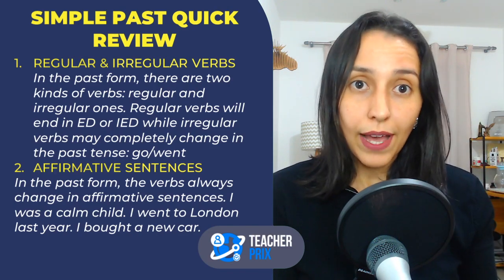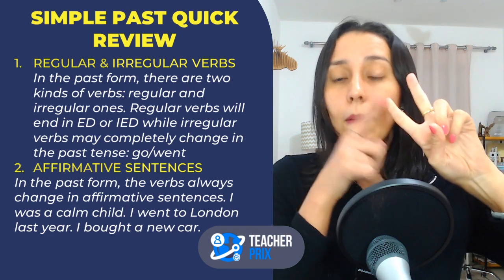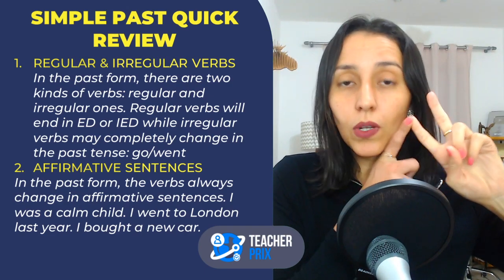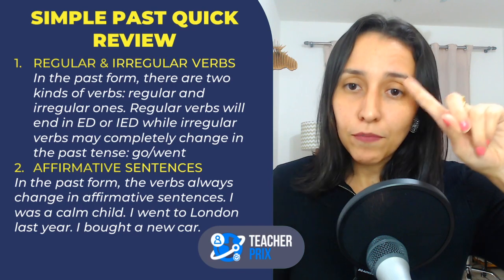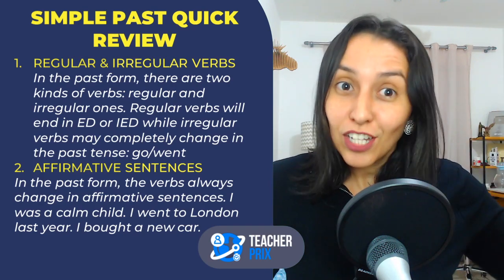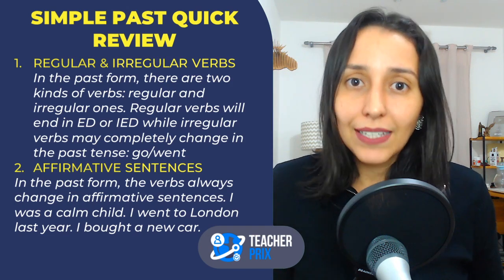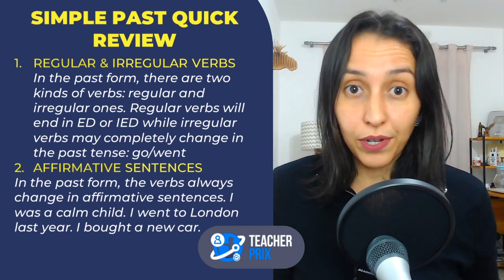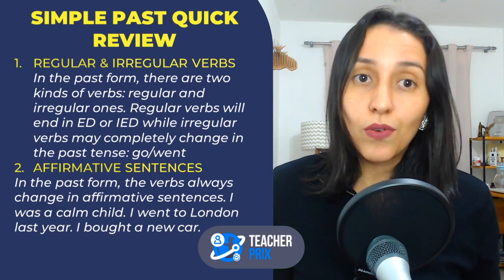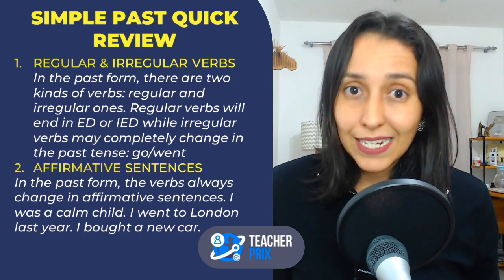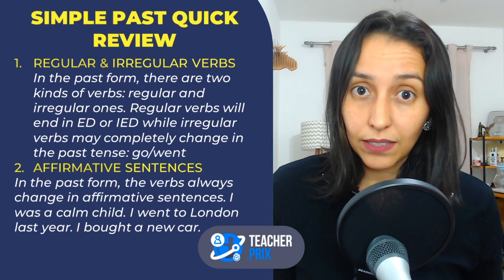Now, when we do that, we have two possibilities. Either my verb will be regular or irregular. If my verb is regular, that's a good thing because it's easier. You will add ed or ied. So travel, for example, is regular, traveled. Need is regular, needed.